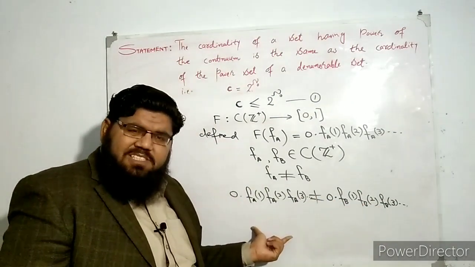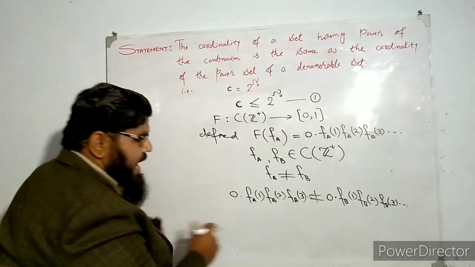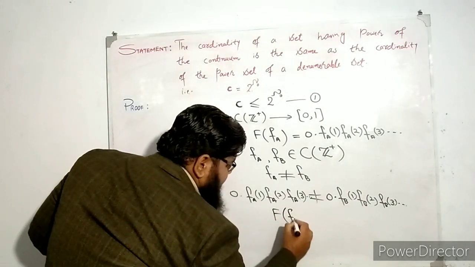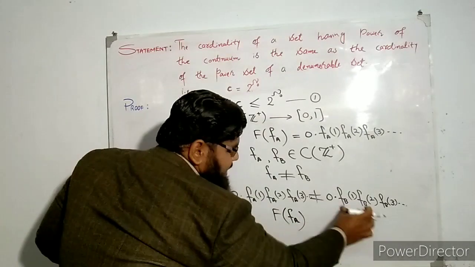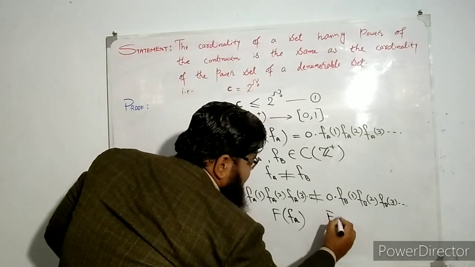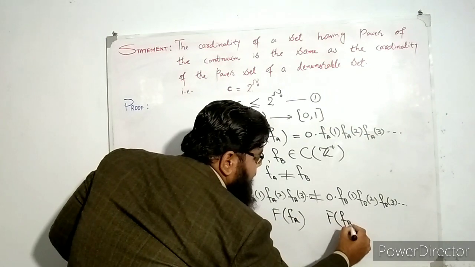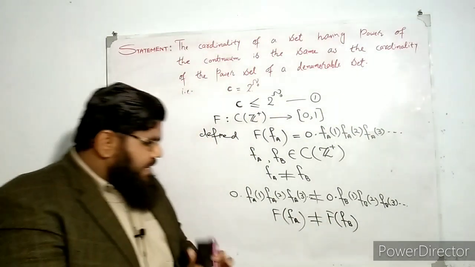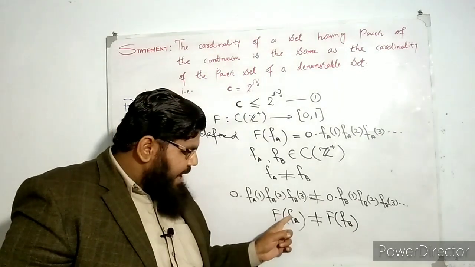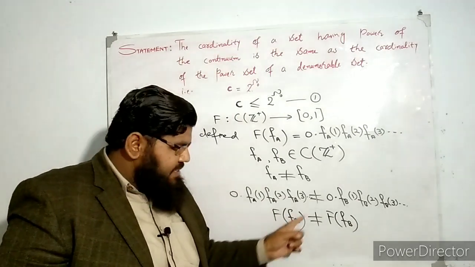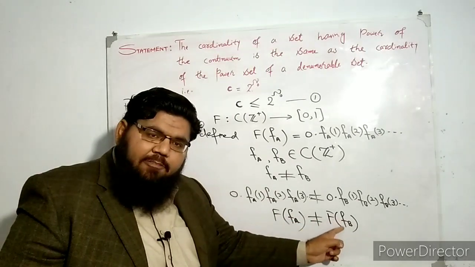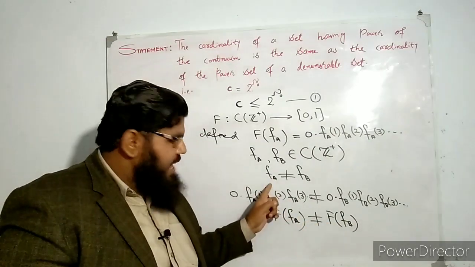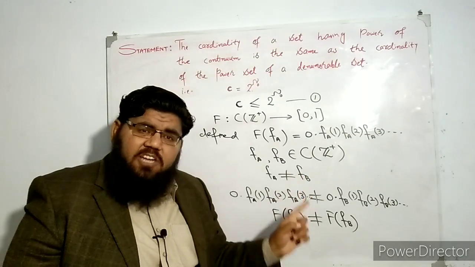And if you look closely, this number is actually the image of capital F at fa, and this one is the image of capital F at fb. So finally we have shown that capital F when applied on fa and the same capital F when applied on fb will give you different answers if fa and fb are not the same.